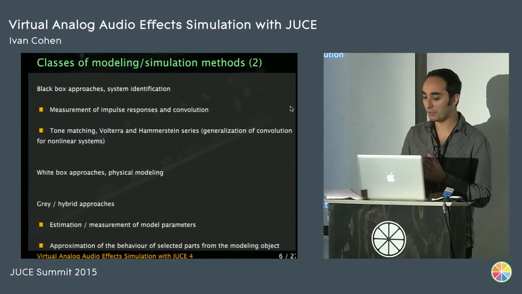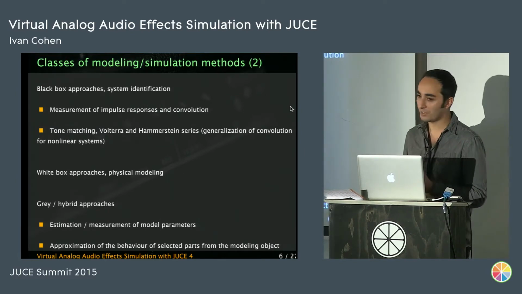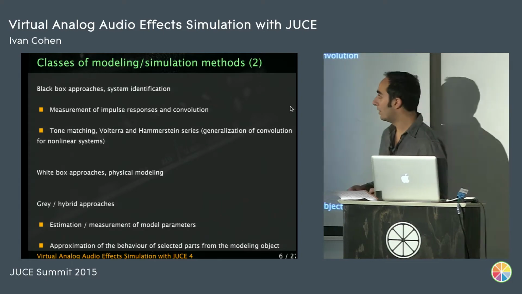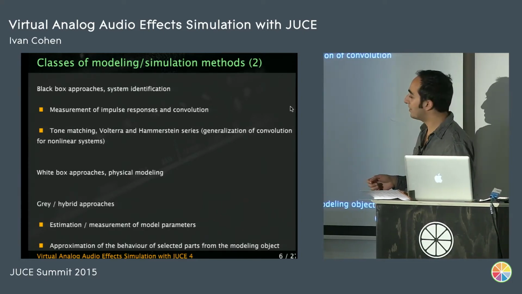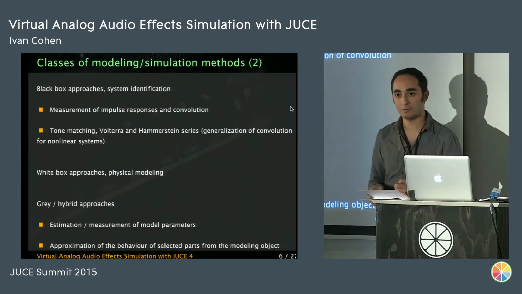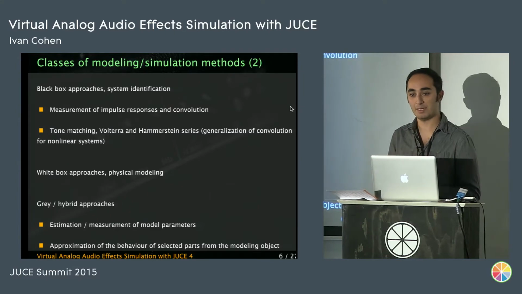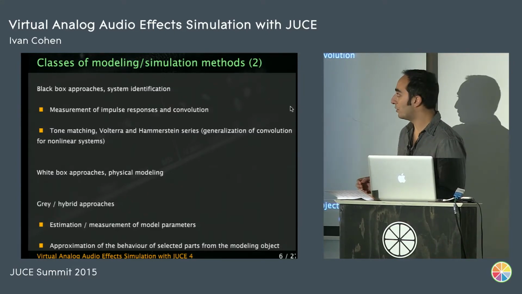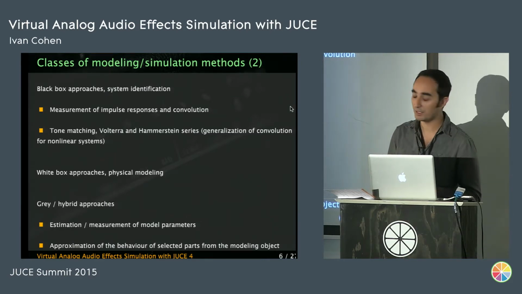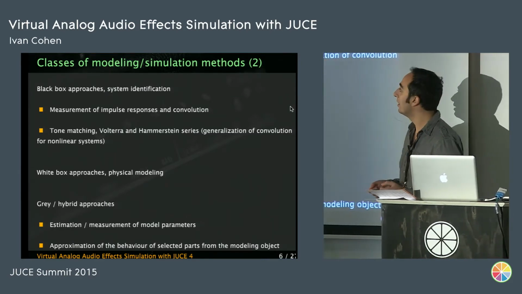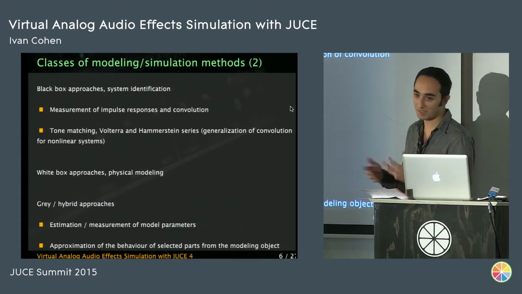And for all these systems, we have various ways of getting the simulation. We have what I call the black box approaches, which means we don't have any interest in what is happening inside the system we want to simulate. So we are just sending some signals inside, we get the outputs, and using the information we get, we are trying to do the simulation.